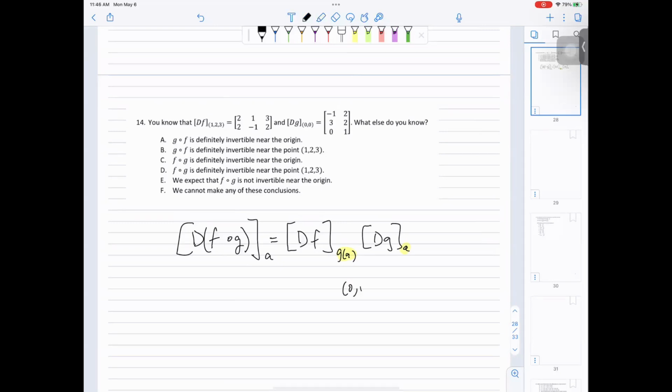So g of 0 has to equal g of 1, 2, 3. Do we know that? They don't really tell us anywhere. So I would say that we can't make any conclusions because they didn't tell us this. If they did tell us this, then you would find the derivative matrix, take the determinant, and if it's non-zero, then it's invertible.